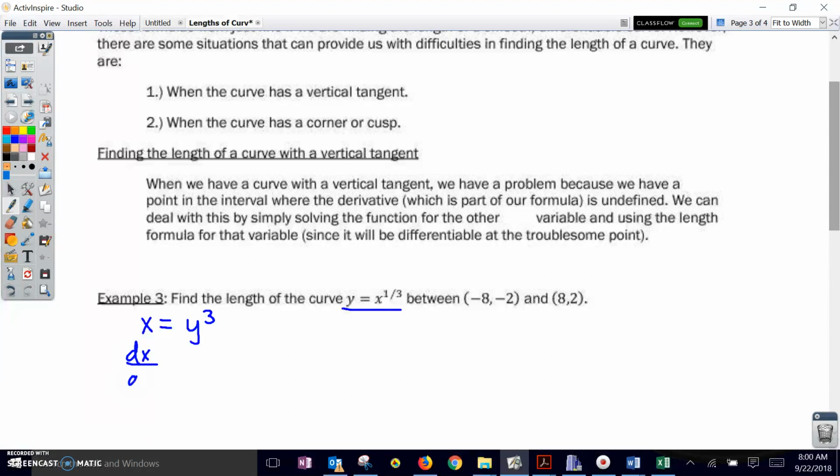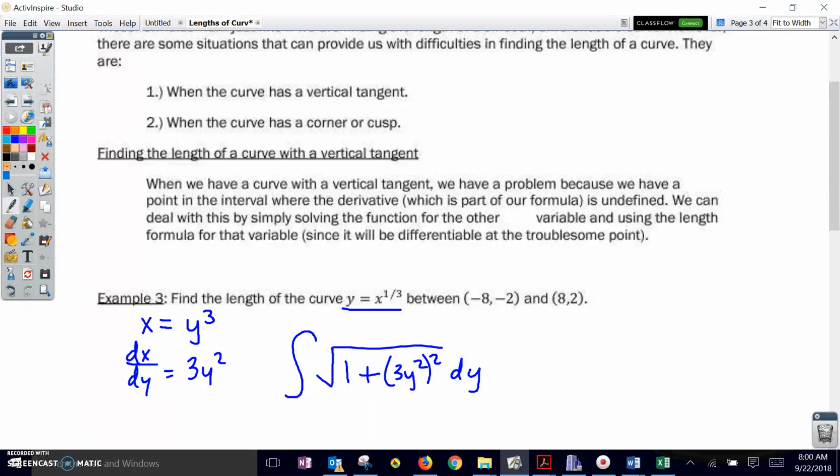So I find dx dy is 3y squared, and so my arc length formula is going to be the integral, and now since my integrand is in terms of y, I want my limits of integration to be the y coordinates of the endpoints instead of the x coordinates.